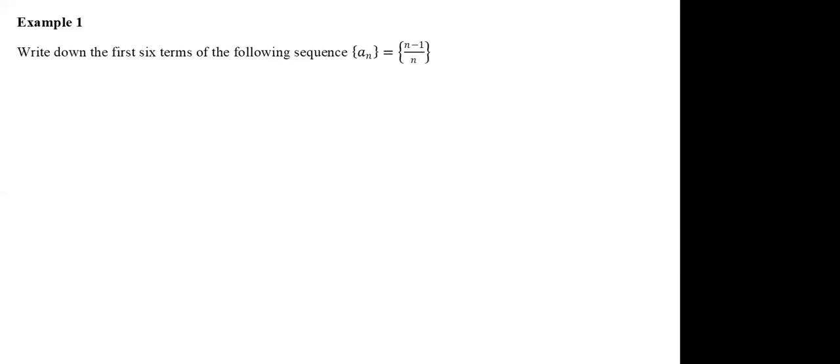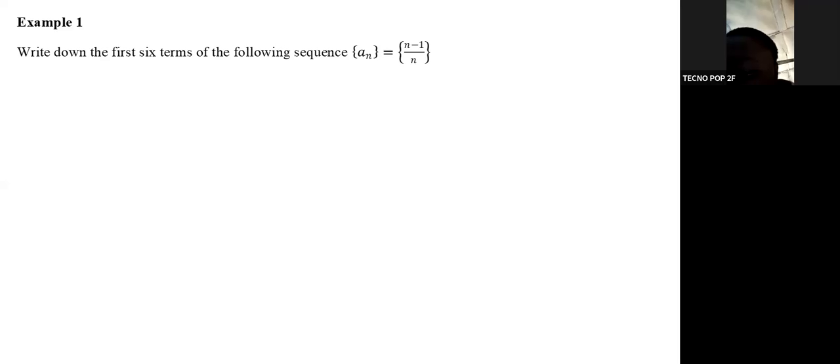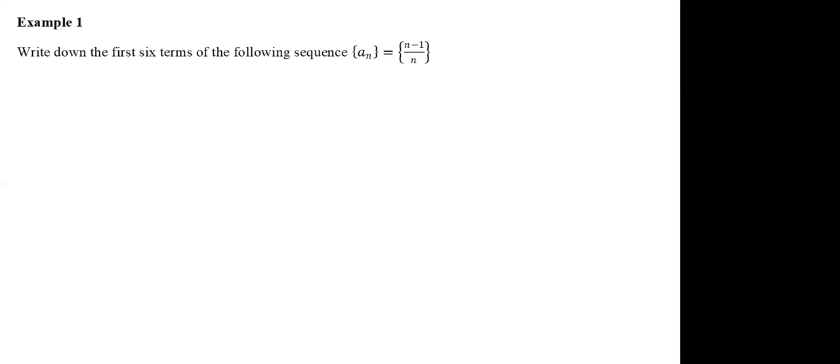Okay, let's look at the example. Look at this sequence. Write down the first six terms of the sequence. Is it a finite sequence or an infinite sequence that this is going to give us?